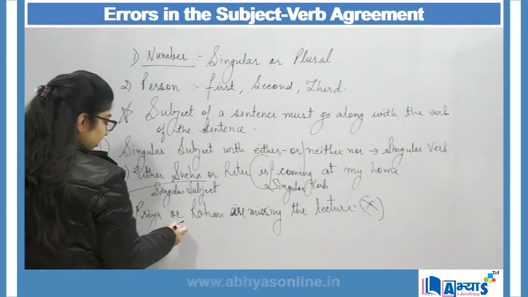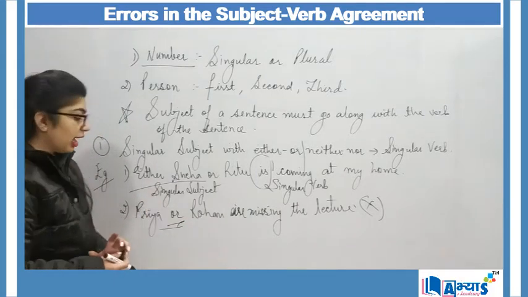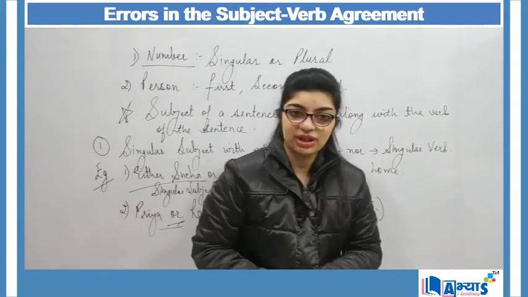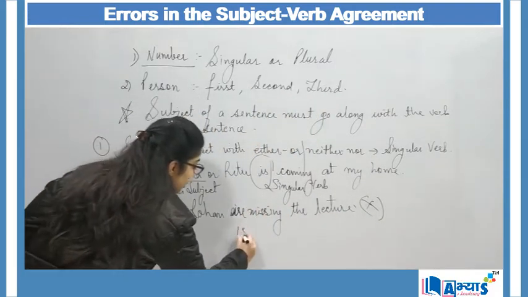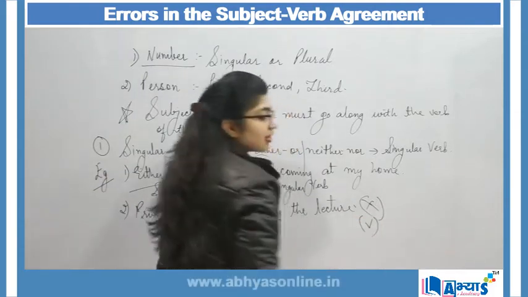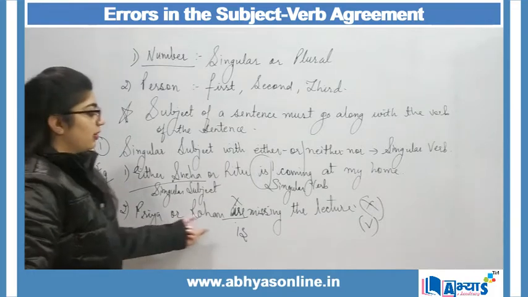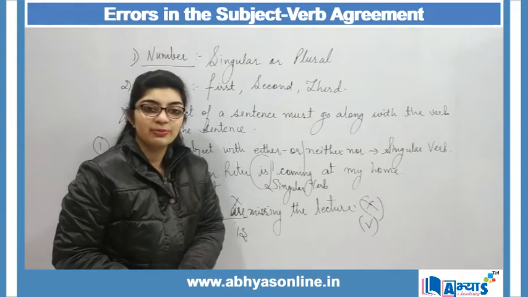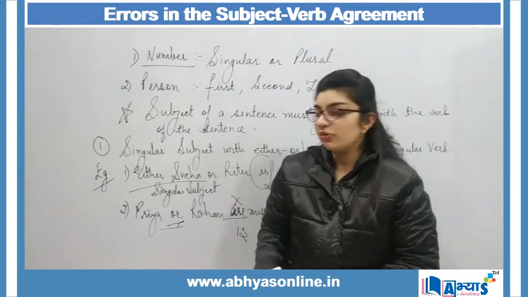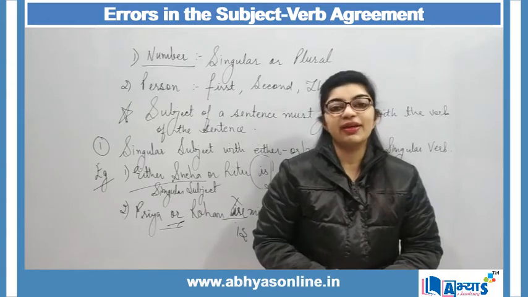Because or means either of the two. I'm not saying that both of them are missing. I'm just saying that only one person is missing. For one, we will always make use of a singular verb. Therefore, I will say is missing the lecture, and then my sentence is grammatically correct. Why? Because with a singular subject we will always make use of a singular verb. So this is the first area where most people make mistakes, but knowing the rule, it is easy to avoid the errors and to make a correct sentence.